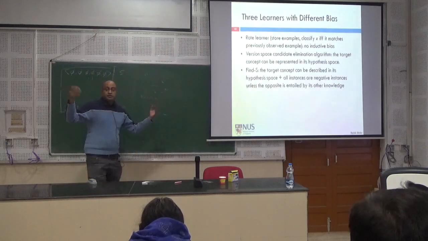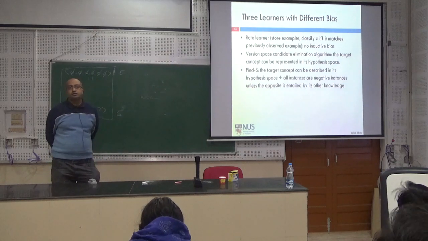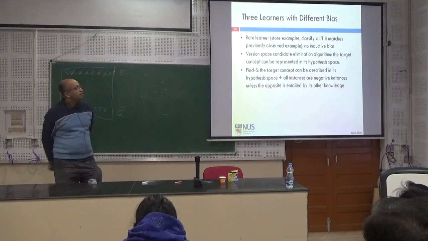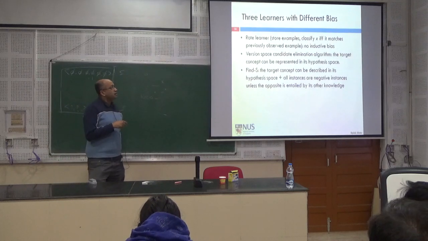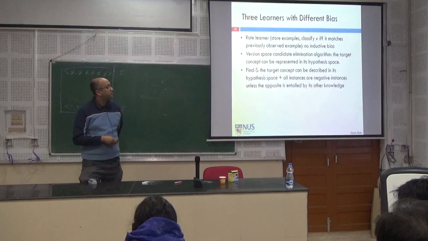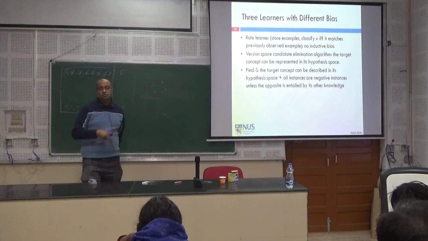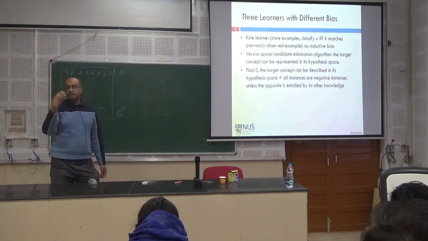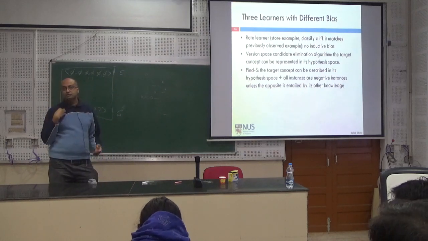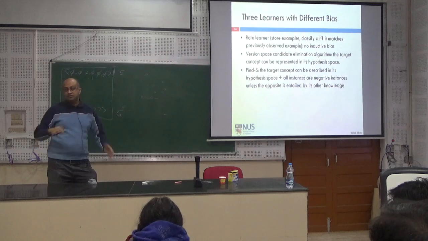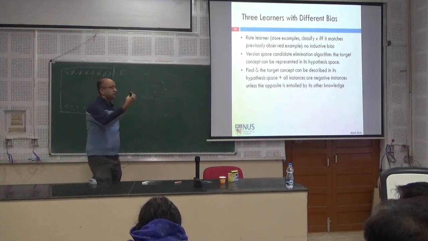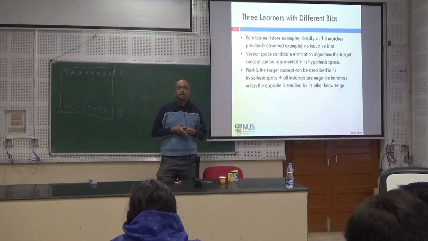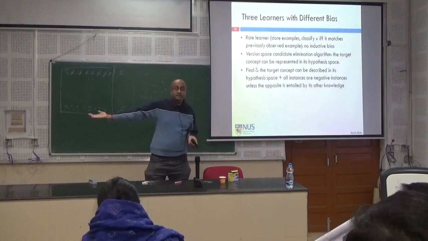Let's look at three examples of learning tools, very simple ones, and see what their bias might be. One very simple algorithm might be a rote learner. It just memorizes things, it doesn't do anything else. So every time it gets a training sample, it records it. That's its learning rule. You give me training data, I will record it. I have learned it. How will I classify test data?